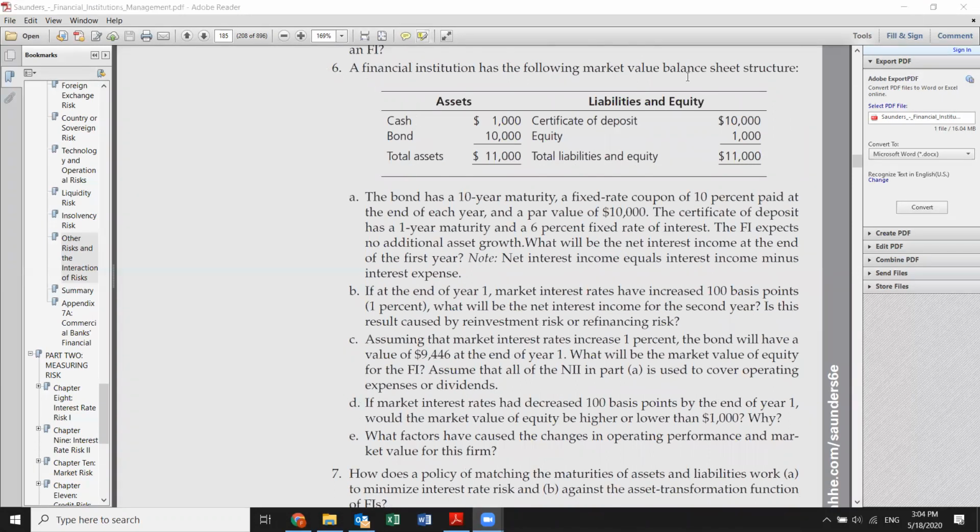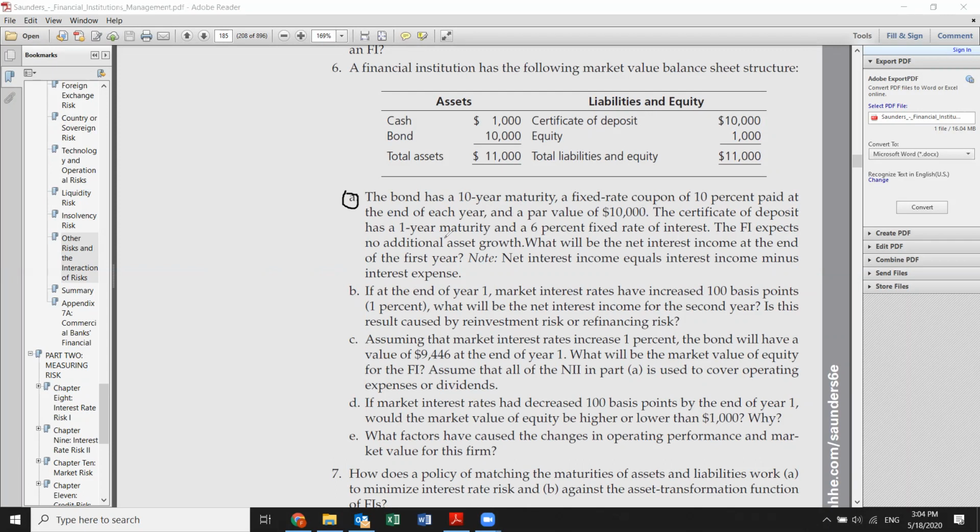Given a balance sheet structure with cash, bond, total assets, certificate of deposit, equity, and so on, let's go with part A. The bond has 10-year maturity with a fixed rate of 10% paid at the end of each year with a par value of 10,000.